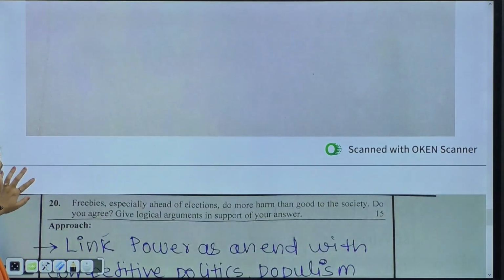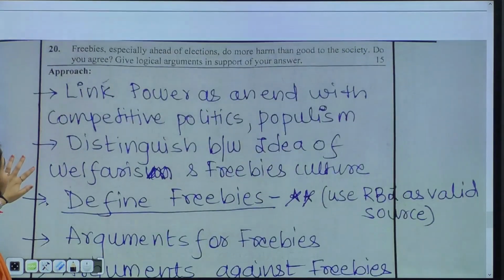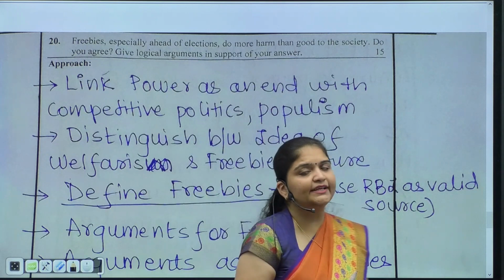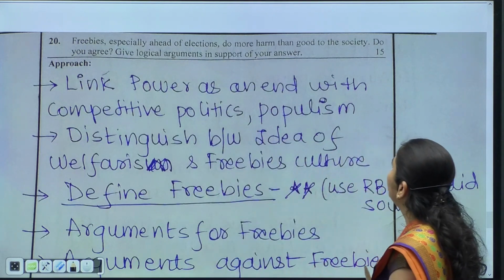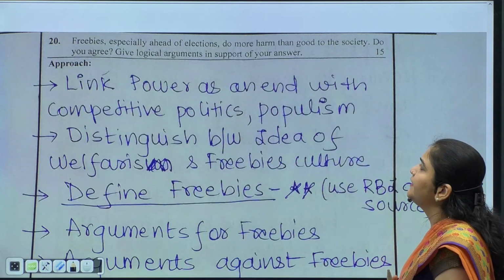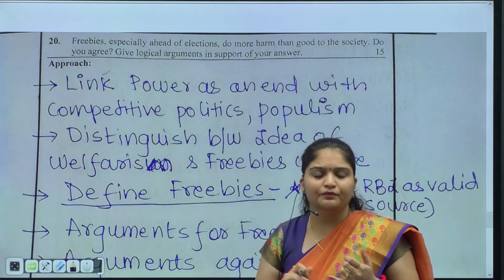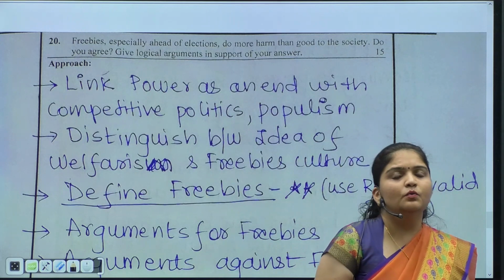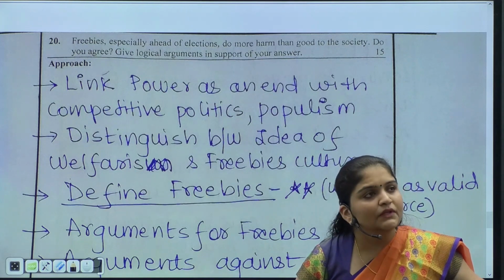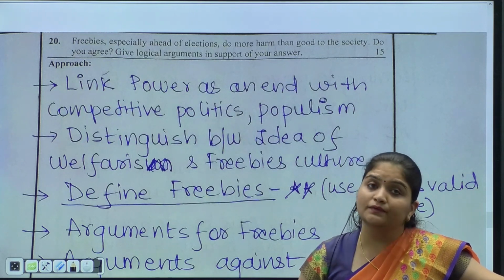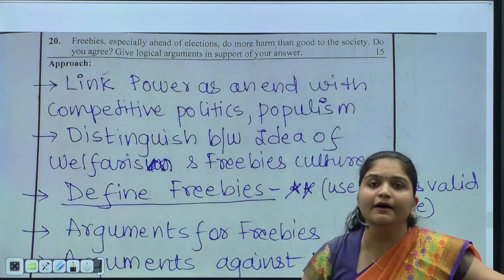Now let's discuss question number 20. Freebies, especially ahead of elections, do more harm than good to the society. Do you agree? See, now what is this whole concept of freebies, elections? Why are elections there? So one is to occupy power, one is to do social welfare after the occupation of power.